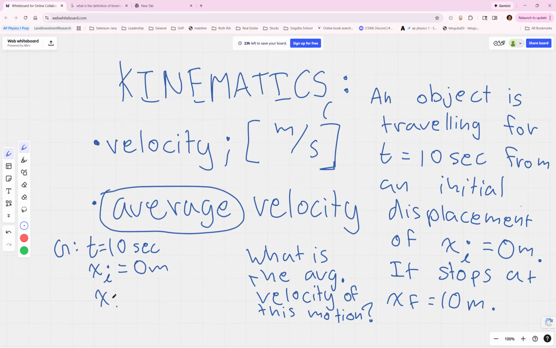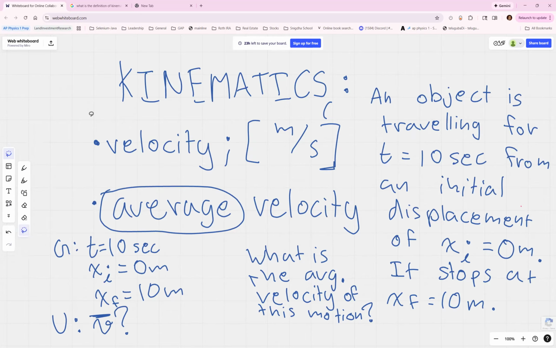And then your x final, so that's where your object stopped at 10 seconds, your xf is equal to 10 meters. Now your unknown is what you don't know, what you're trying to find, which is v average. So that's your question mark.